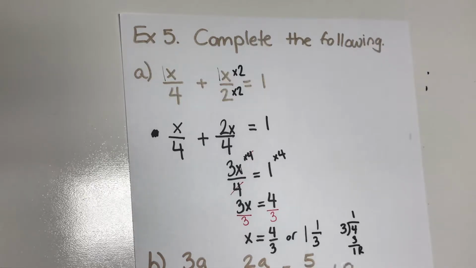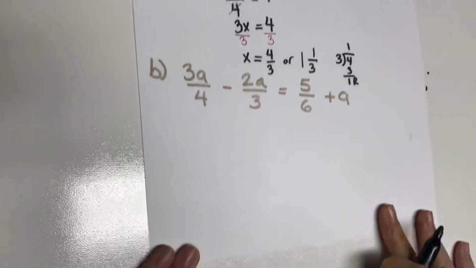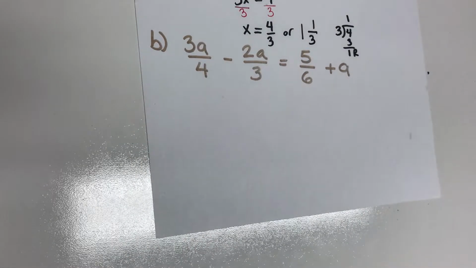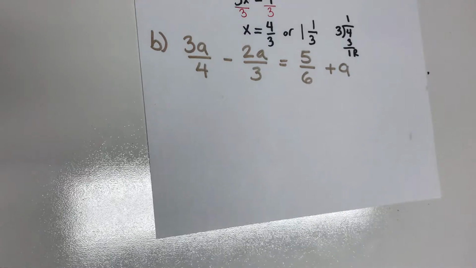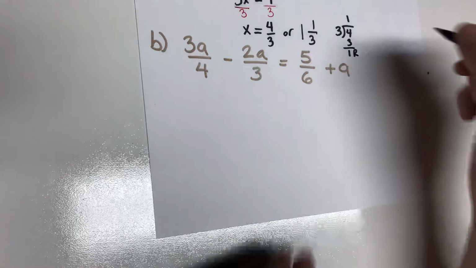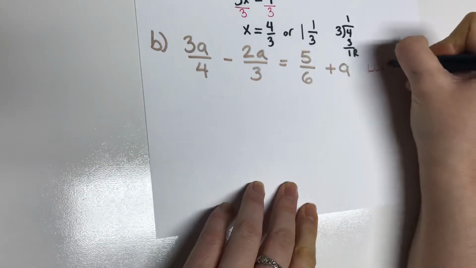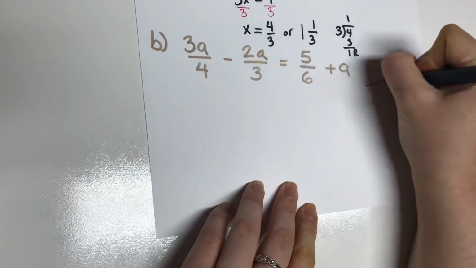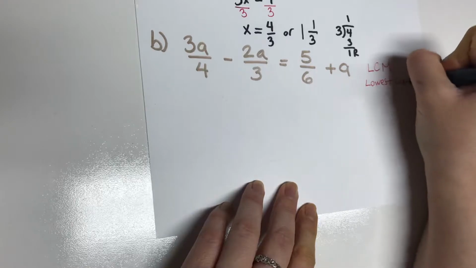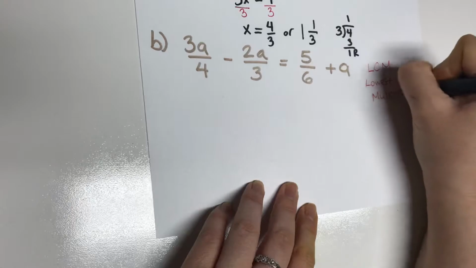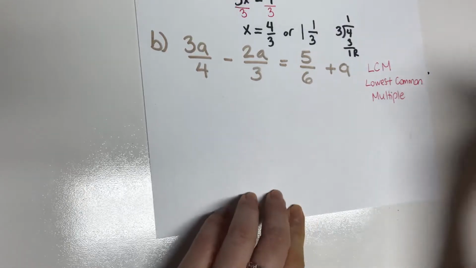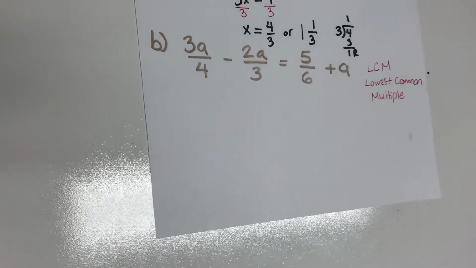The other method to solving these kinds of questions is to get rid of the fraction. And the way that we get rid of a fraction is we multiply all the terms by the lowest common multiple. So that is the number that 3, 4, and 6 all go into.